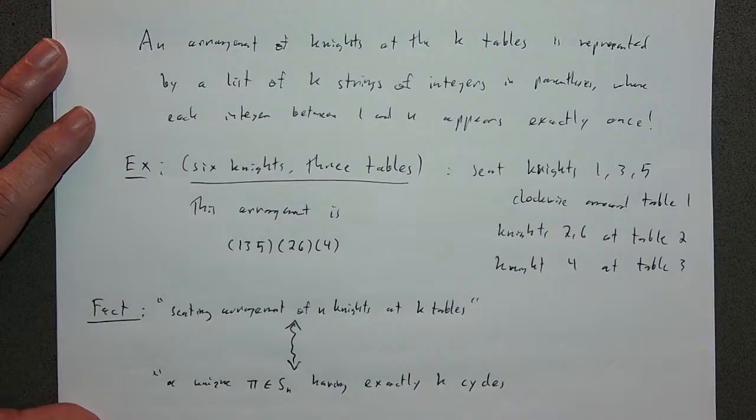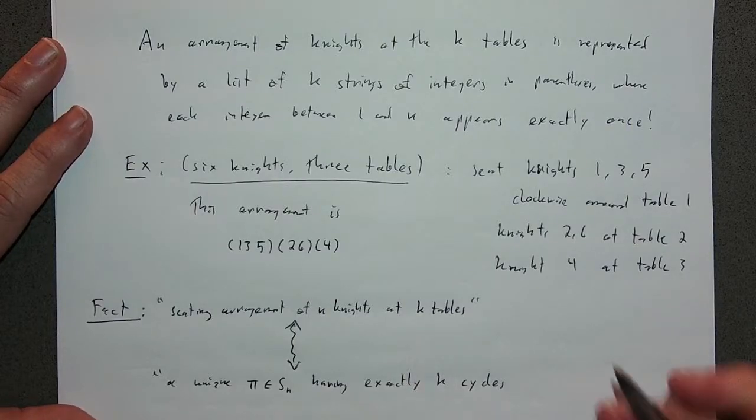So a unique pi having exactly k cycles, and every such permutation corresponds to a unique seating arrangement.